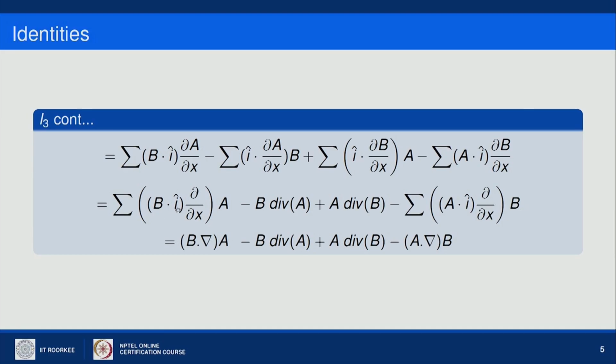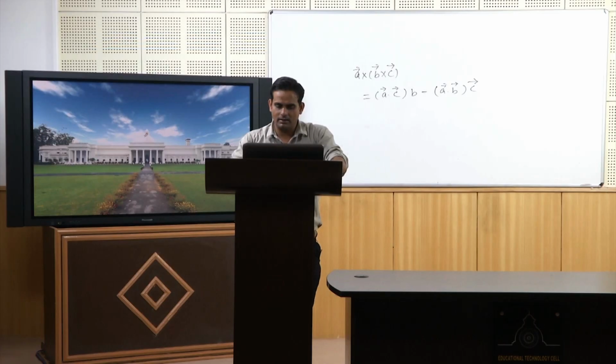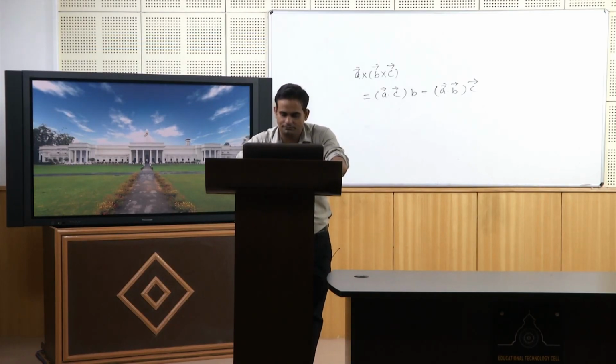So, this is B dot del operating on A minus B divergence A plus A divergence B minus A dot del operating on B, and this is what we needed to prove.